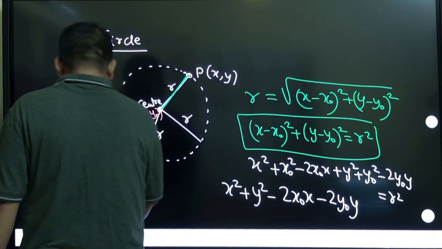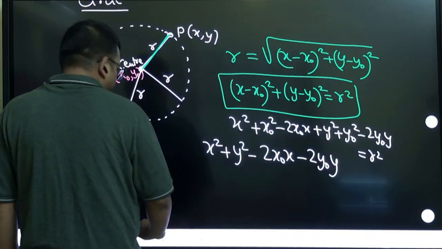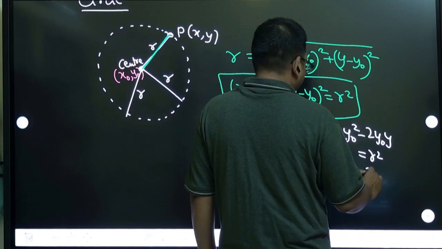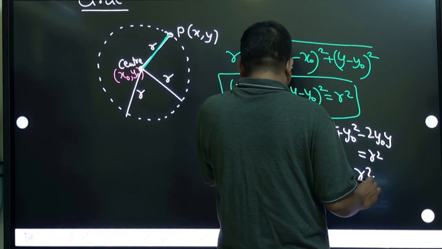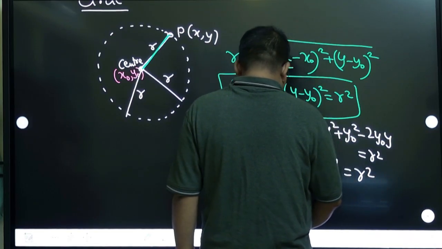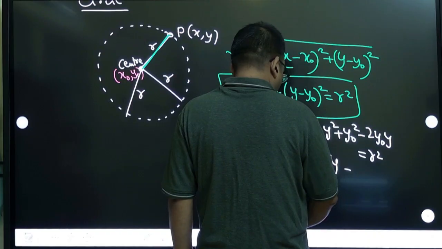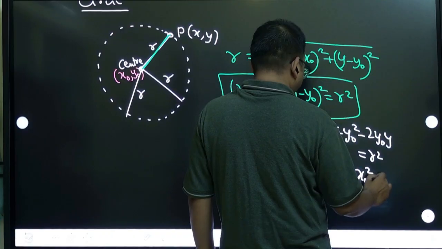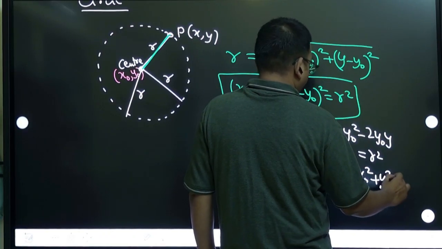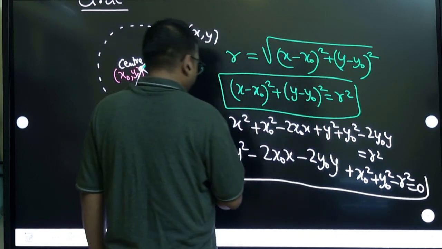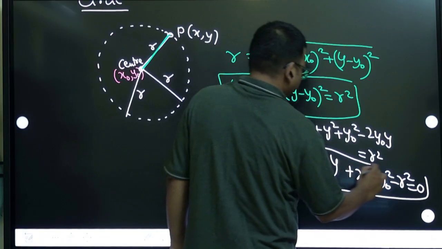The constant terms I will take to that side, or I may bring them this side only, no problem. So I keep this: plus x naught square plus y naught square minus r square is equal to 0. This type of equation, when you expand this, will become like this.